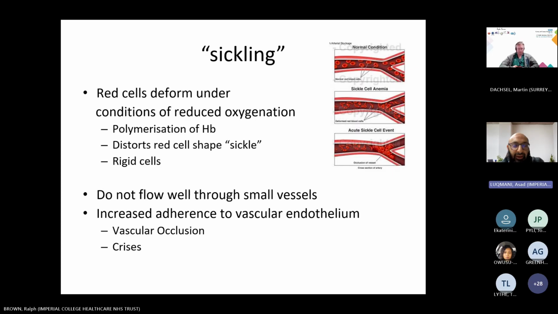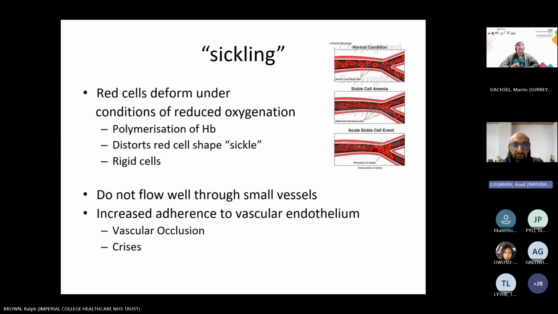Just before we go on to the clinical aspects, I wanted to show this one slide reminding us of the pathogenesis and mechanisms of how sickling occurs and how it leads to vaso-occlusive crises. The vaso-occlusion manifestations of sickle cell disease are due to the properties of hemoglobin S, or sickle hemoglobin, which polymerizes under deoxygenated conditions.